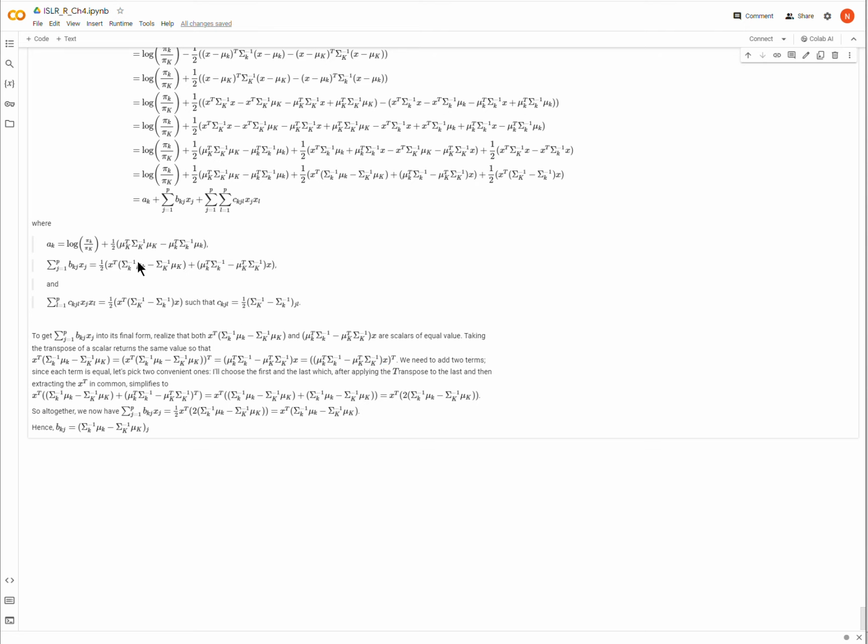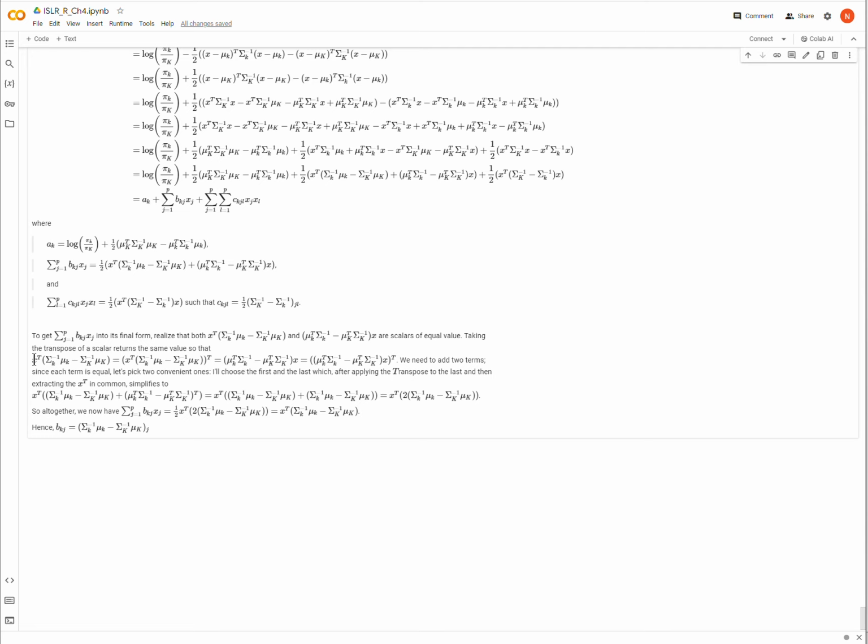So for this whole expression here, I have two terms, and I have to pick from here, and they're all equal. So I'm going to pick two that make it convenient to work with, where I can put an x transpose out front.